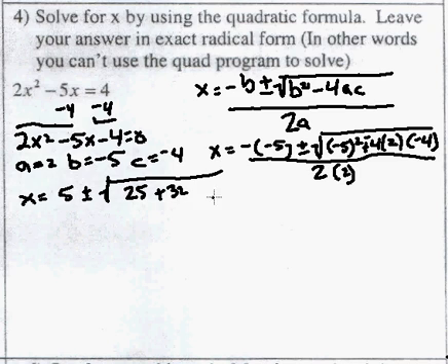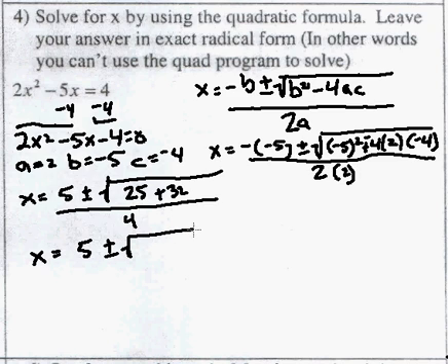So I have 32. And 2 times 2 is 4. Now all I'm going to do is add the two numbers inside the square root. So I have x is equal to 5 plus or minus the square root of 57 all over 4. And that's the answer to number 4.